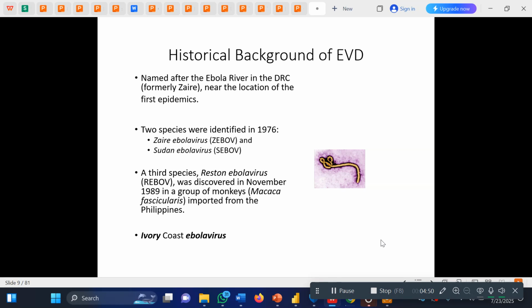The two species identified in 1976 are the Zaire Ebola virus and the Sudan Ebola virus. A third species, known as the Reston Ebola virus, was discovered in November 1989 in a group of monkeys imported from the Philippines. We also have the Ivory Coast Ebola virus, but it is not very common.